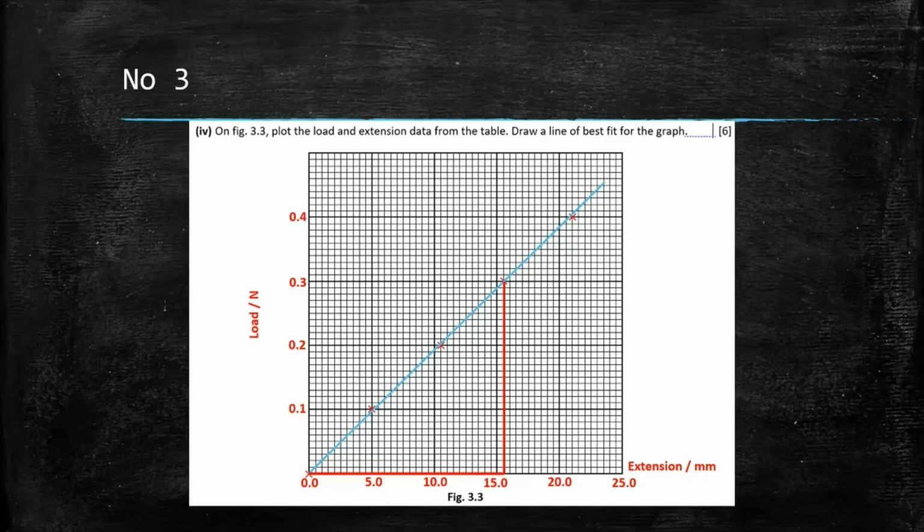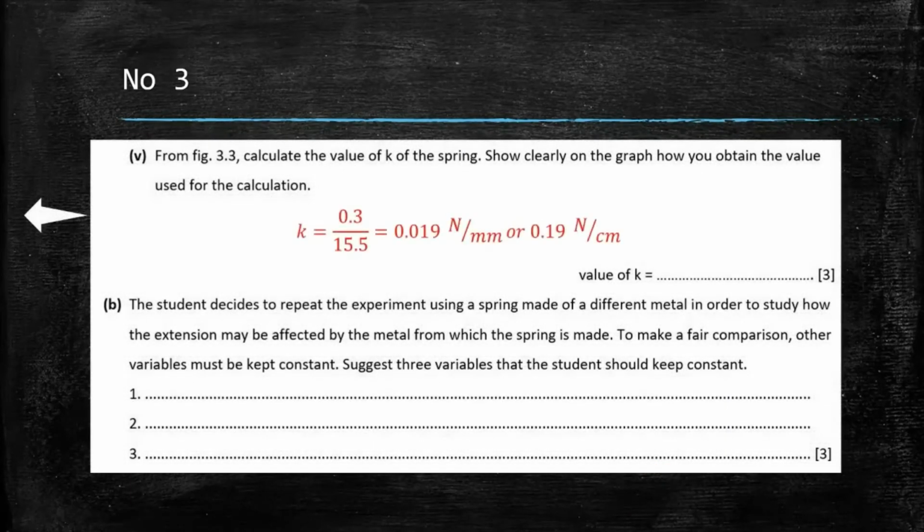The rise over run equals 0.3 over 15.5. Then the spring constant equals 0.3 over 15.5, or 0.019 Newton per millimeter, or 0.19 Newton per centimeter. That's the value of our spring constant, or K.